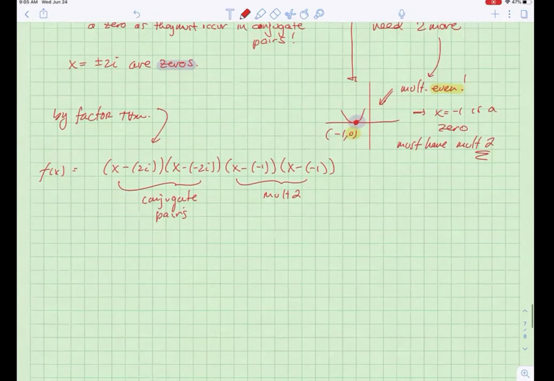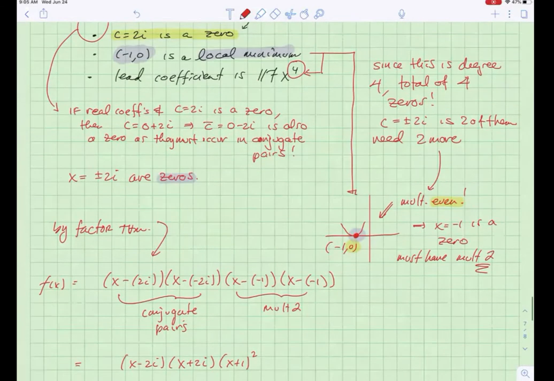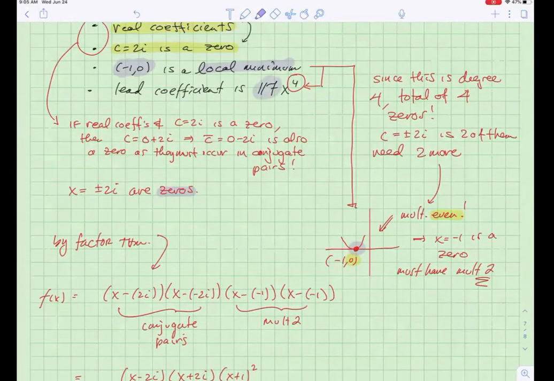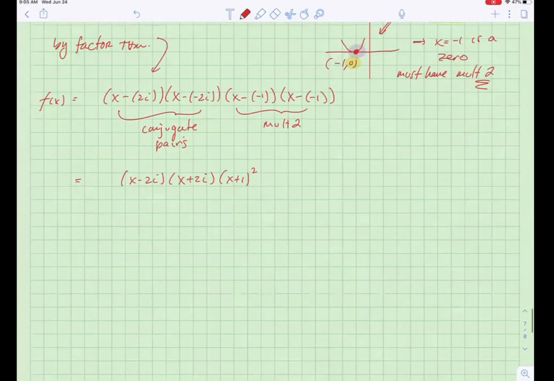But when we multiply, if we simplify that, that's x minus 2i, x plus 2i, x plus 1 squared. But if we multiply that all the way out, it's only going to have a lead coefficient of 1. And so this last bit here, let me just get a different color.